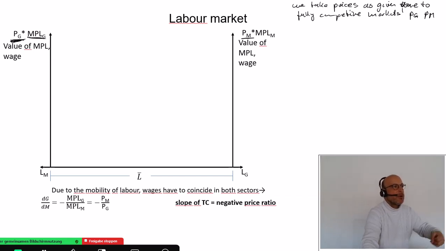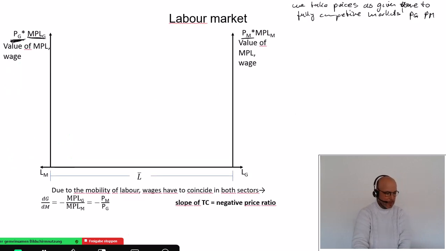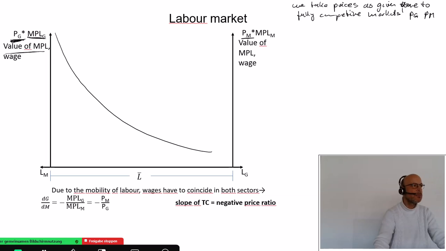Every point of this curve here is just multiplied with a constant number. So then we can just draw this, which would be the so-called value of marginal product of labor.